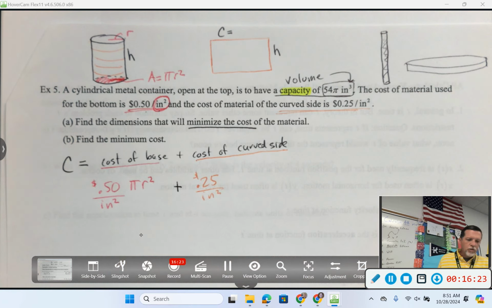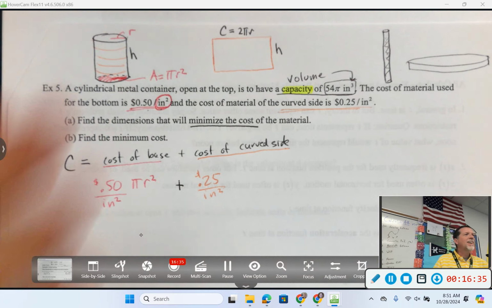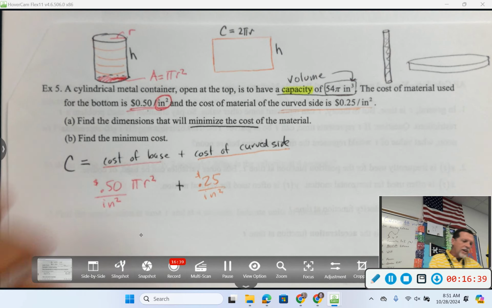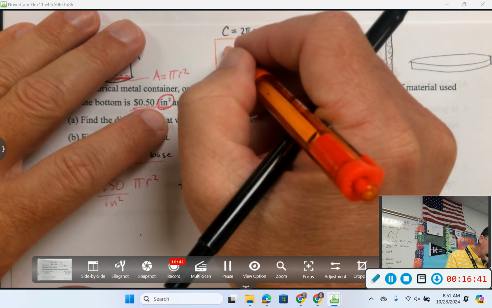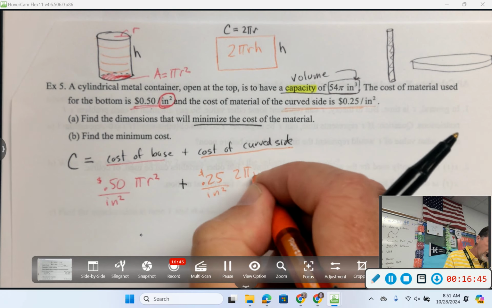I have a formula for circumference. What's the circumference of a circle? Did I hear a 2 on that? 2 pi r. So the area of the soup can label would be 2 pi r h.